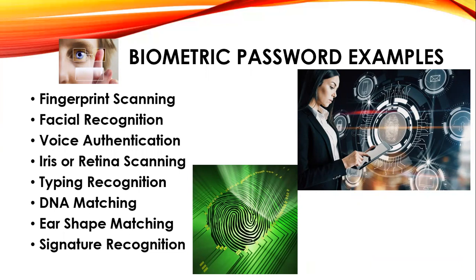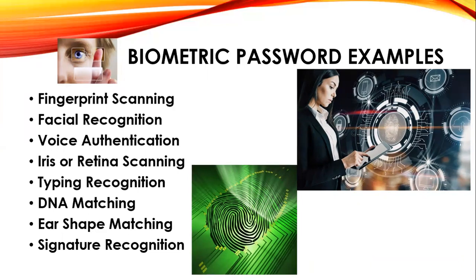One is for my voice. To the voice, it operates. To the voice, it opens the gate. With the voice, it will open Facebook, like that. So DNA matching, ear shape matching. So there are new kinds of things that have come for biometric passwords. Okay, so these are some passwords for biometrics.